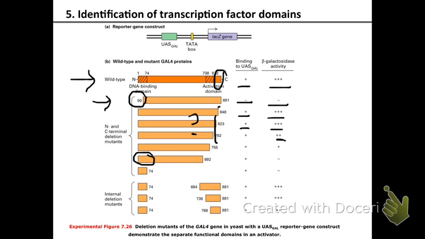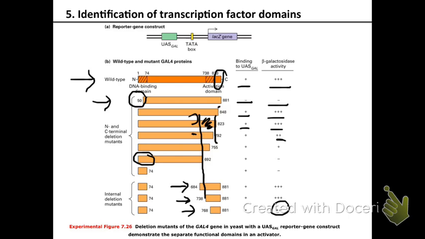So you can start deleting from the middle, and now you can make further and further deletions inside, and you can see that when you start deleting amino acids that are after 738, you started affecting activation. So you know that anything between 738 and 823 is where the activation domain is.